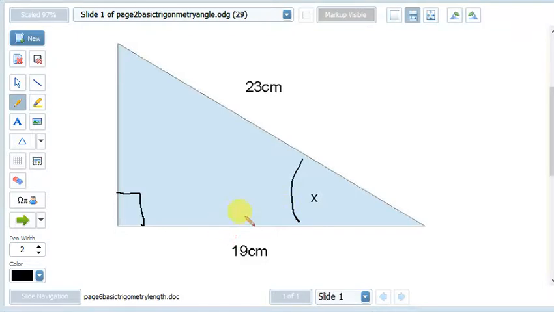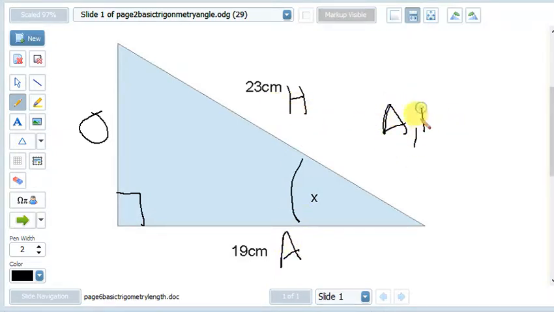So the first thing that we've got to do, step 1, is to label. So that's our hypotenuse. This one here is opposite our angle, so that's called opposite, and then this one here is adjacent. So the two sides that we know are adjacent and hypotenuse.